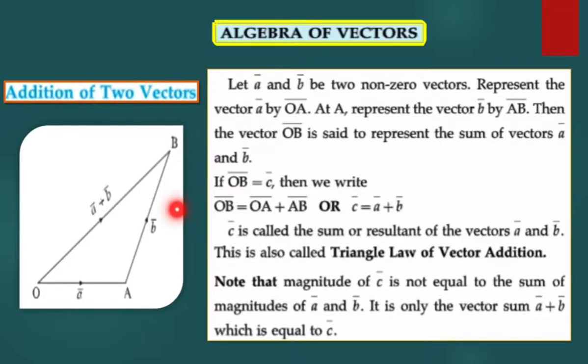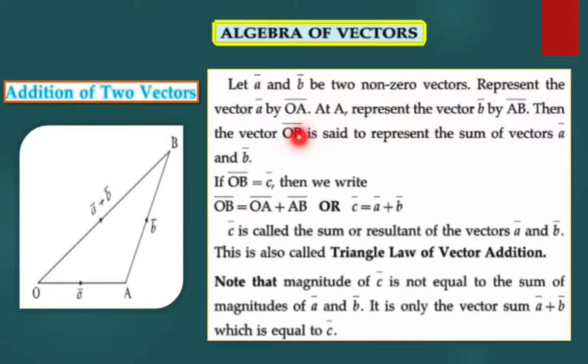So while calculating the vector addition, we see only the initial and final points. That means when we have to find the vector OB, we find OA plus AB, that must be equal to OB. So see, let a bar and b bar be two non-zero vectors.